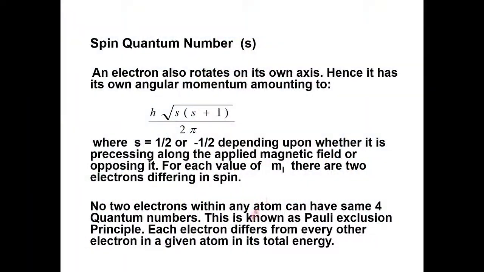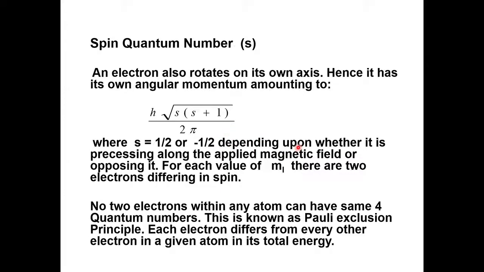So, anyway, the spin angular momentum of an electron is given by h into square root of s into s plus 1 divided by 2 pi. Where the value of s can be plus half or minus half, it cannot be anything in between or anything more or less.